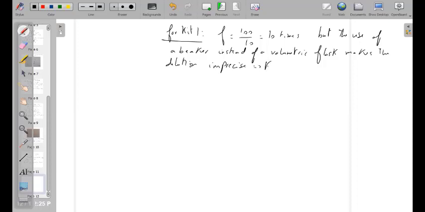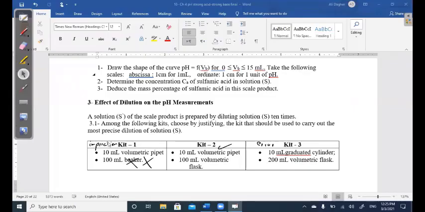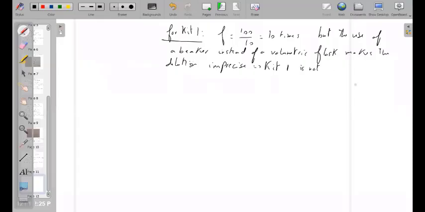Then kit 1 is not appropriate or convenient for this dilution.